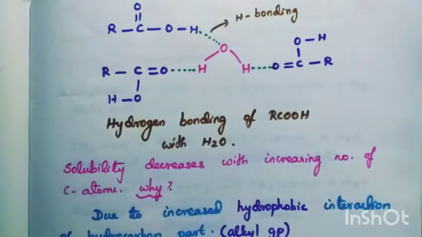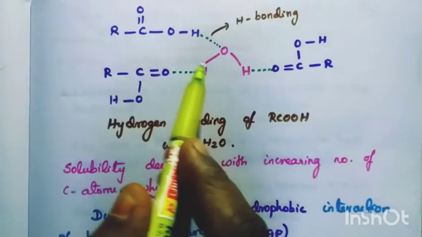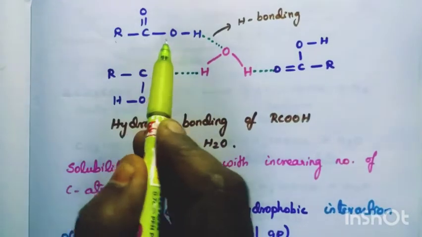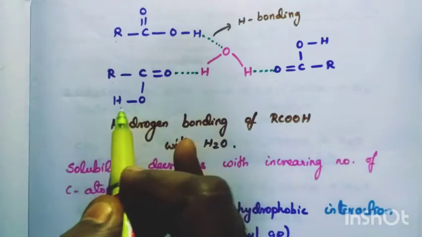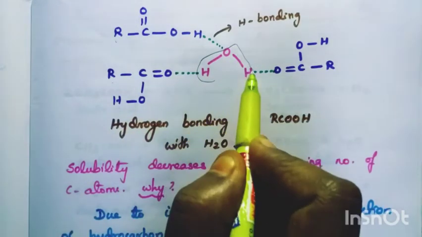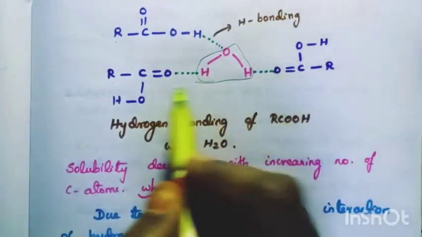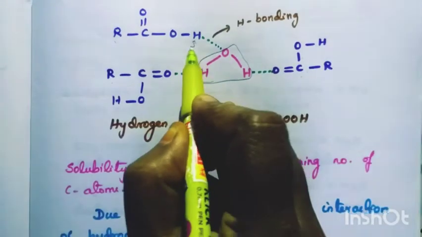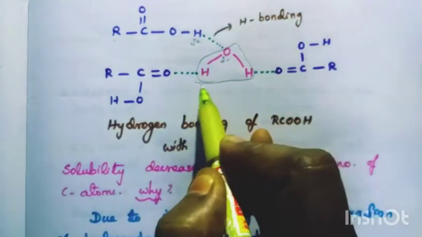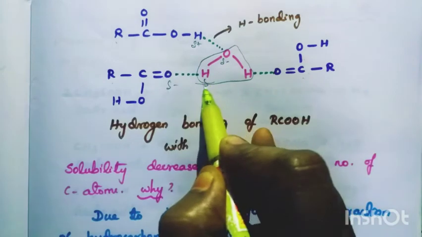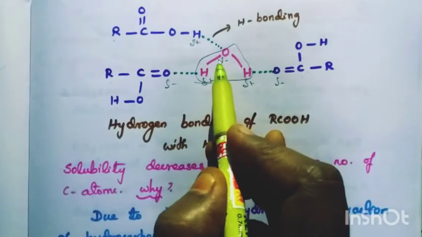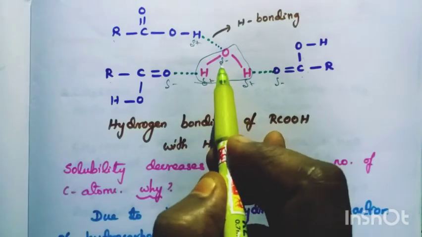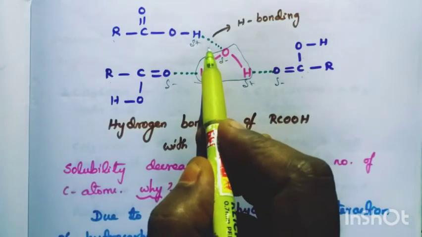Now, let's see the hydrogen bonding between acid and water. RCOOH is an acid, and this is another acid, C double bond O, OH. This is a water molecule. So there are partially positive and partially negative charges, and the force of attraction between the positive and negative charges is weak.